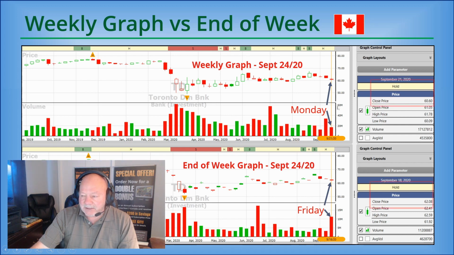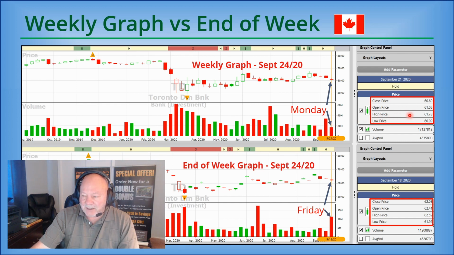You can see it there, and if we look over at the prices, you can see again Monday, September 21st, the open price is the first data point in the candle. The closing price is the last data point for now, and then on Friday that'll be the closing price of Friday once we complete the week.